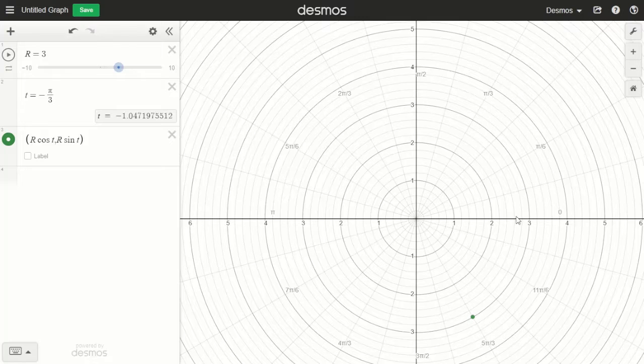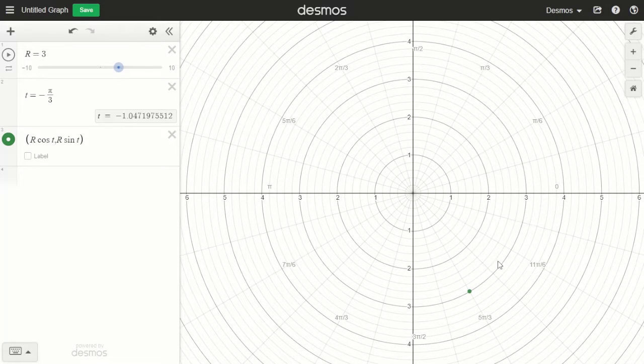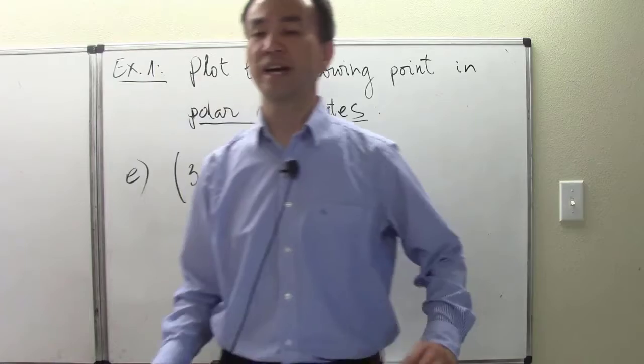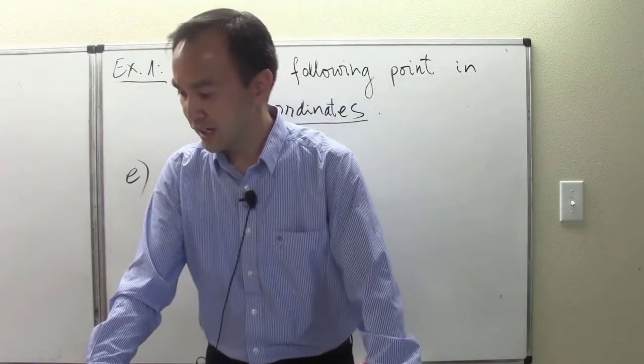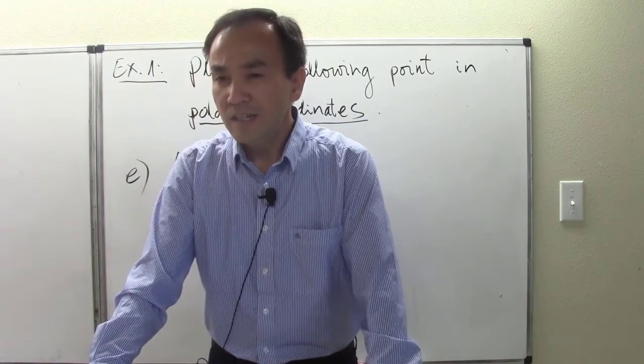It's a negative angle that's open up from the x-axis, being negative pi over 3, and then it's at radius 3 away. See, 1, 2, and 3 at radius 3 away from the pole right here.